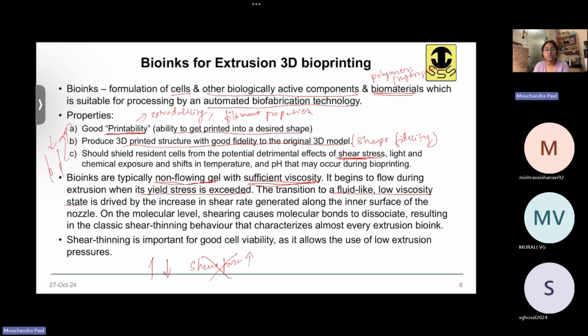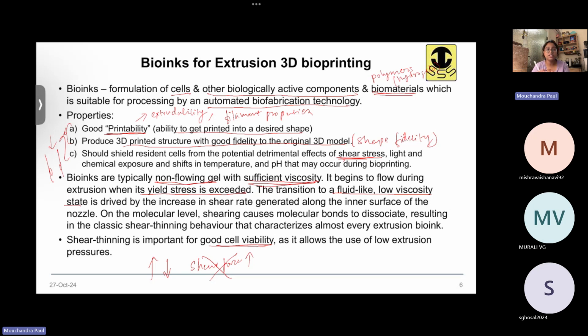Got it? When you are using shear thinning fluids, you can ensure that the cell viability is good. Why? Because upon applying shear force to this fluid, the overall viscosity inside the fluid decreases. In a less viscous environment, the cells can move around.